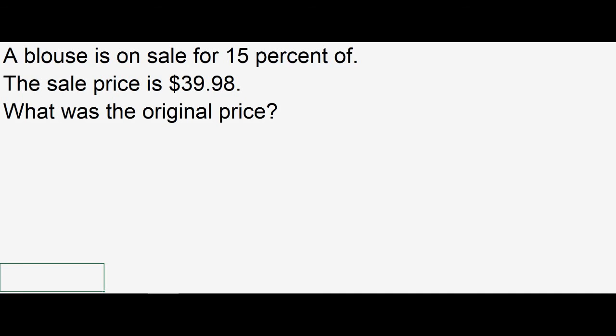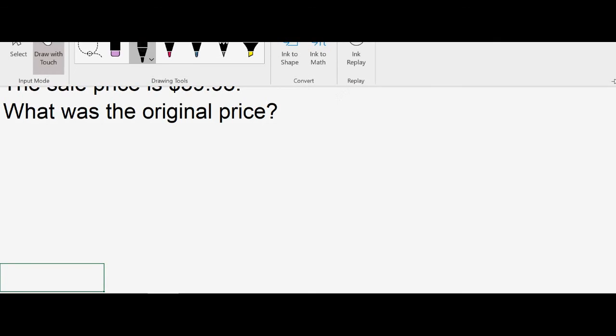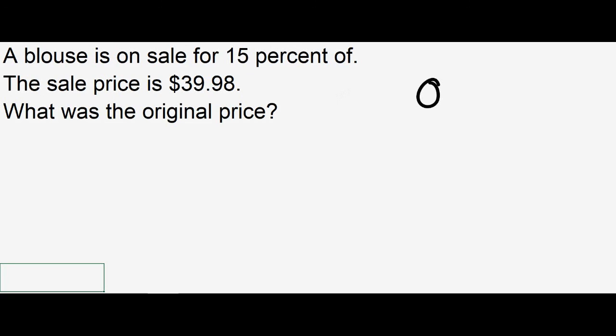To answer this question, we have to say 0.15 is multiplied by the original price, and then we subtract that from the original price to get 39.98.